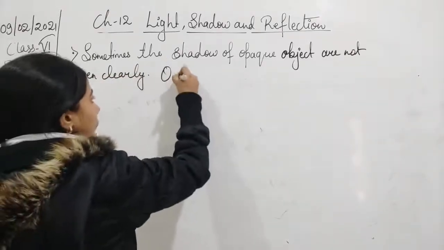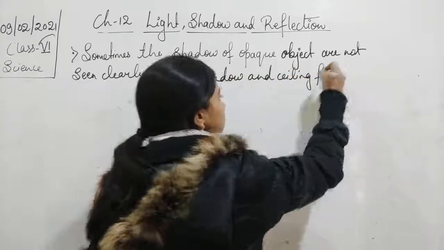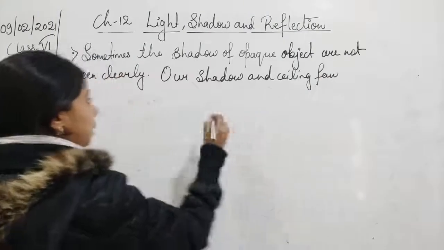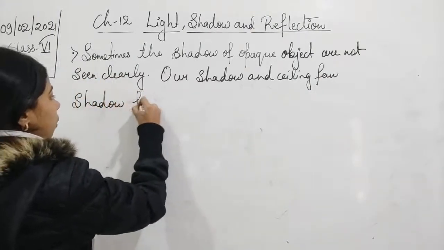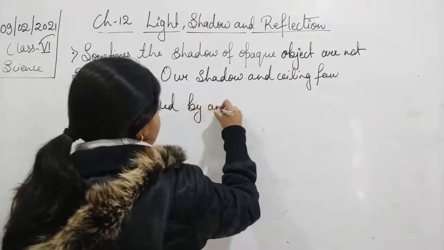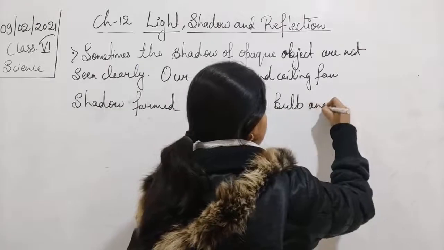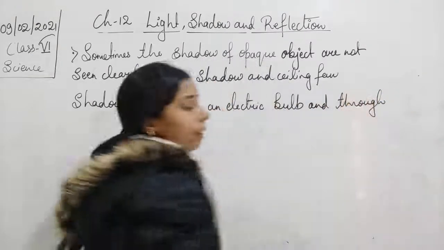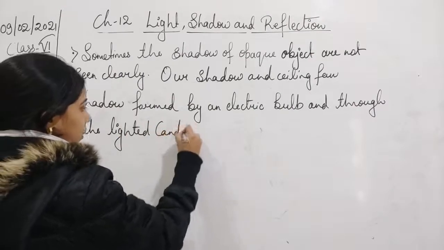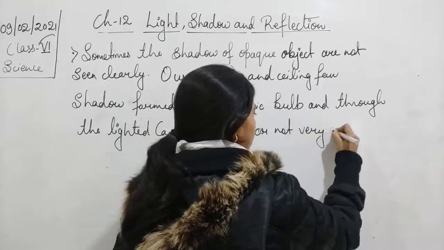Like, if you see our shadow and the ceiling fan shadow formed by an electric bulb, or even through a lighted candle, the shadow is faint or not very sharp.